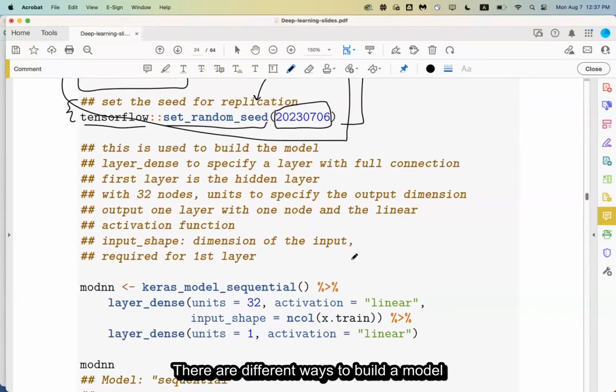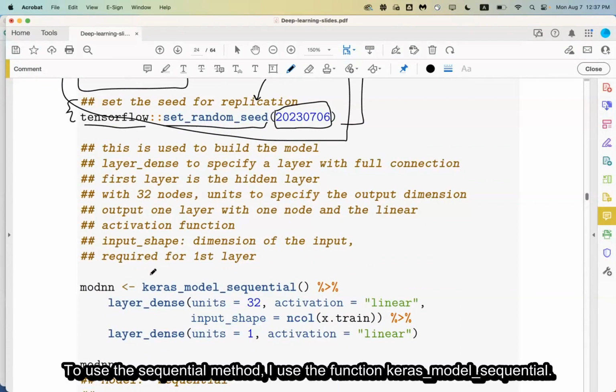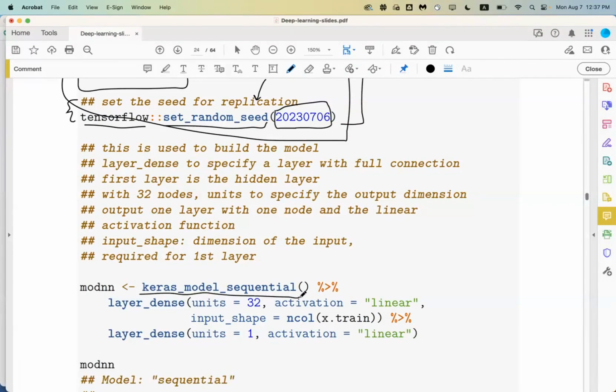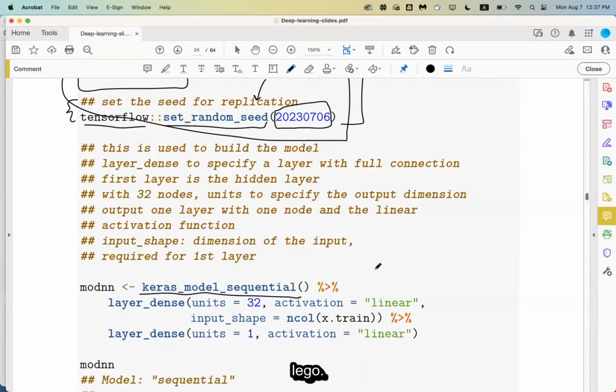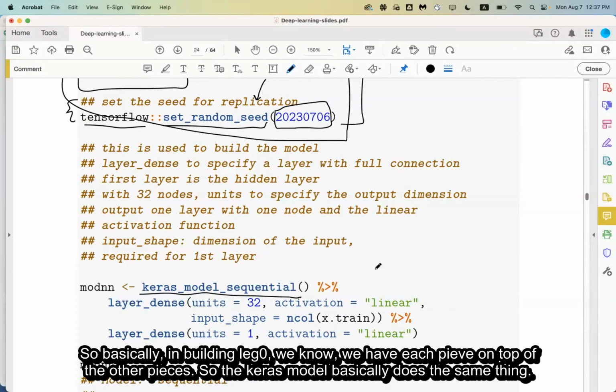There are different ways to build a model using keras. Here I use the sequential method. To use the sequential method, I use the function keras model sequential. Building a neural network model using the sequential method is like building Lego.